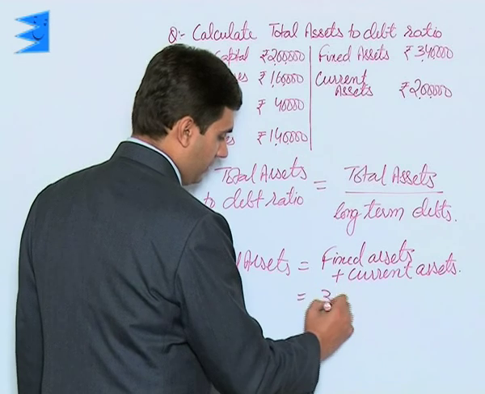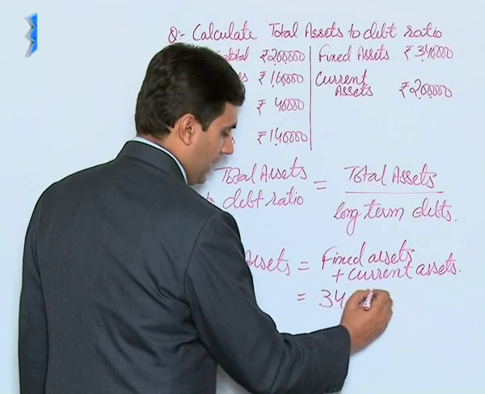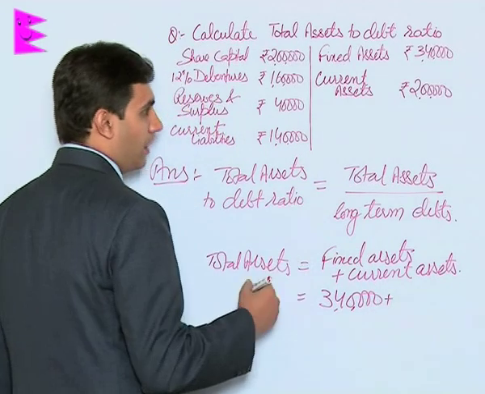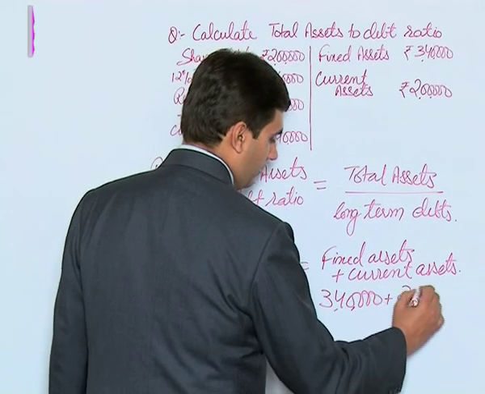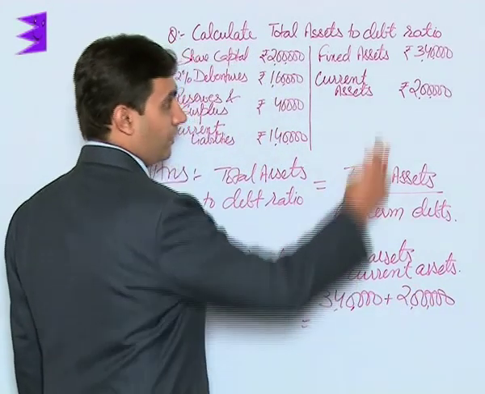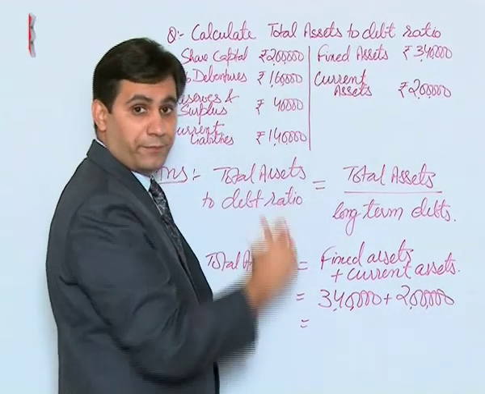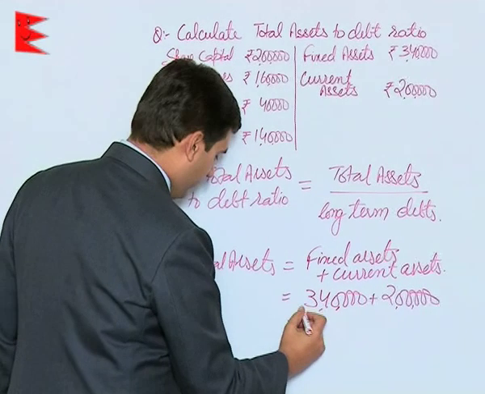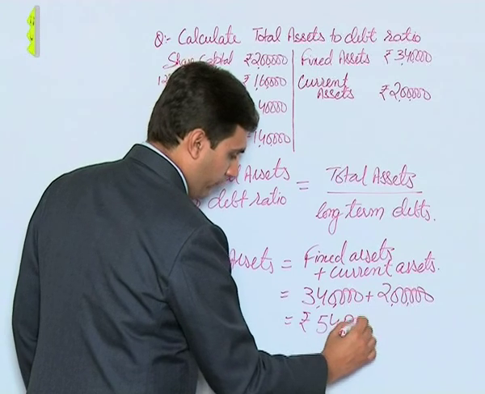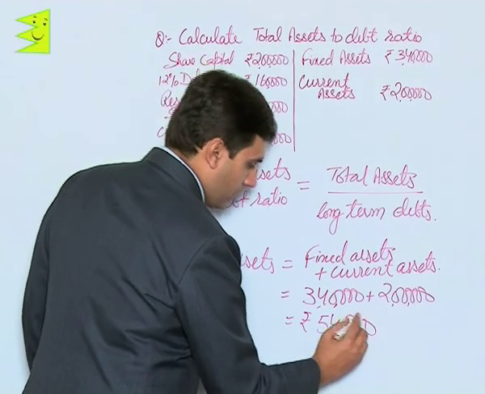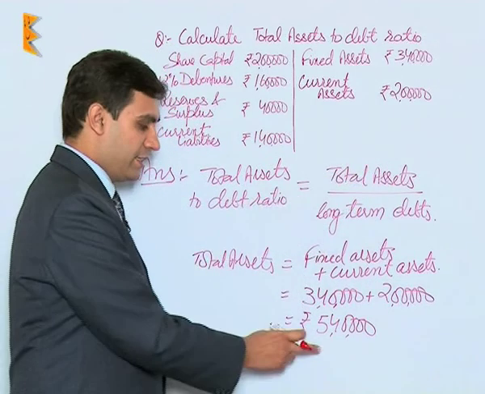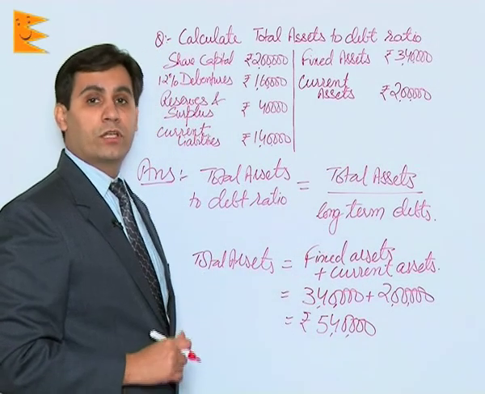Fixed assets are 3,40,000 plus current assets are 2 lakh, given here 340 and 2 lakh. So totaling them out, we will have total assets of 5,40,000. So now we know that the numerator for this ratio, that is total assets, is equal to 5,40,000.